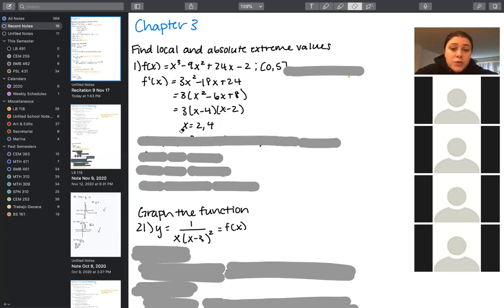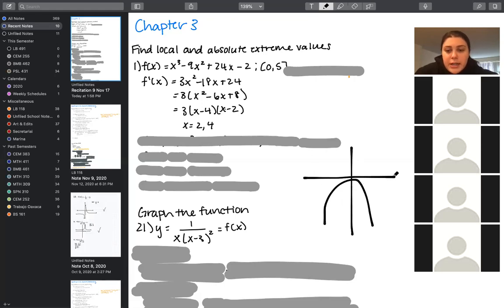In order to determine whether you're dealing with a max or a min, there are 2 ways that I have shown you. One of them is to plug in points to the left and the right. If you're dealing with, say, the function -x squared, with no translation, then if you were to look for f of -1 and f of 1, you'd get the same point.